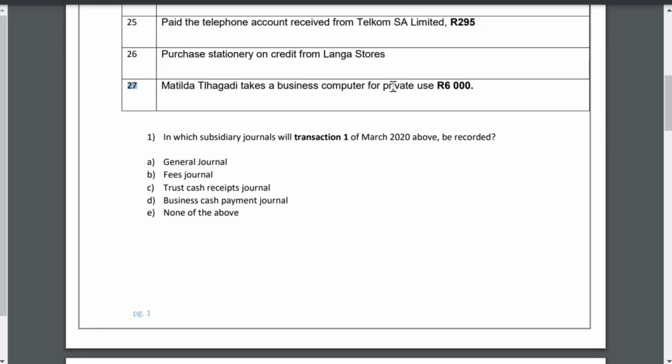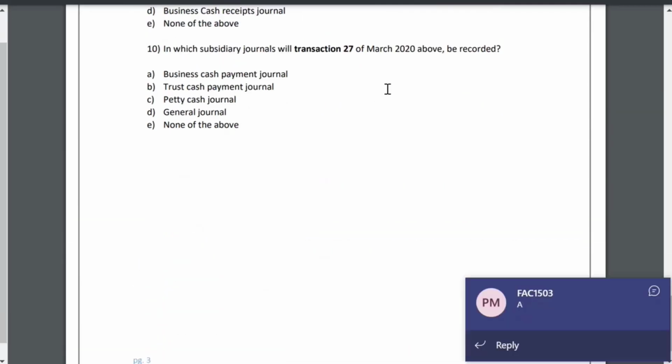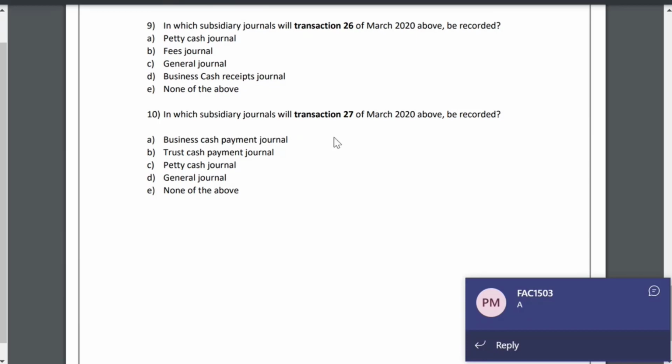That computer is worth 6,000. In which subsidiary journal will transaction number 27 be recorded?